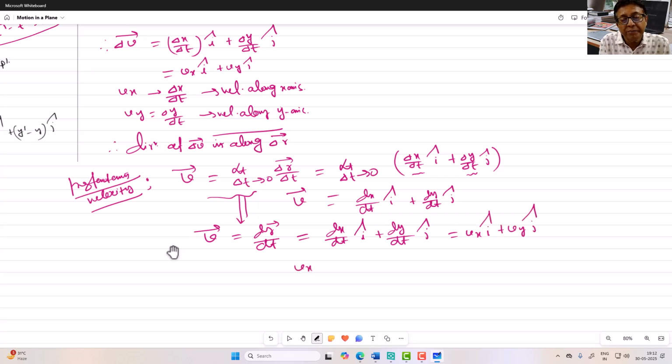Here, Vx and Vy are instantaneous velocities along the x and y axis respectively.